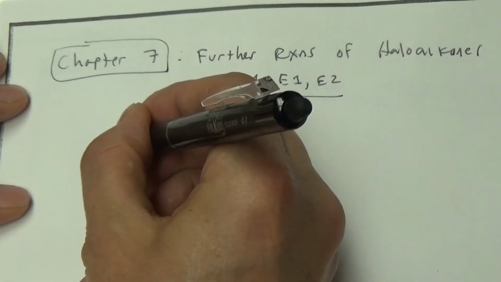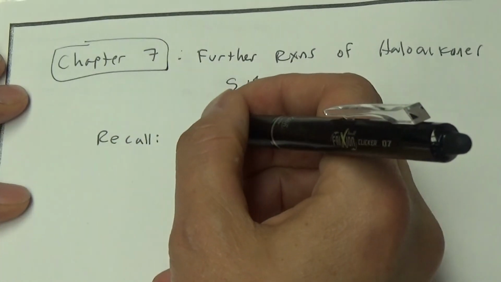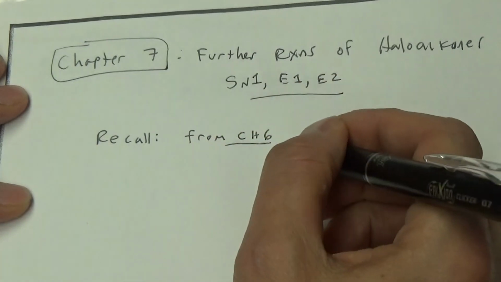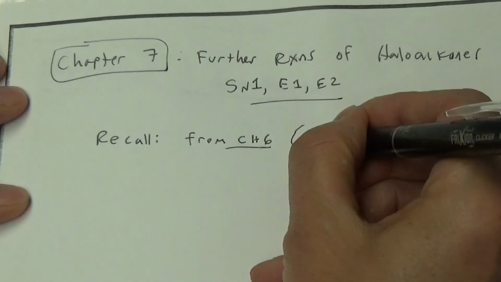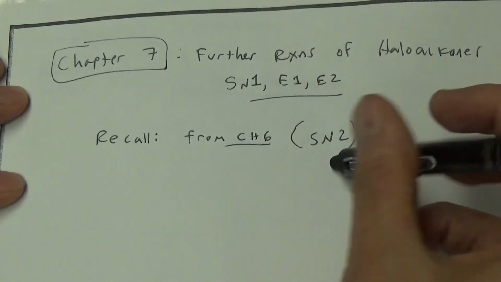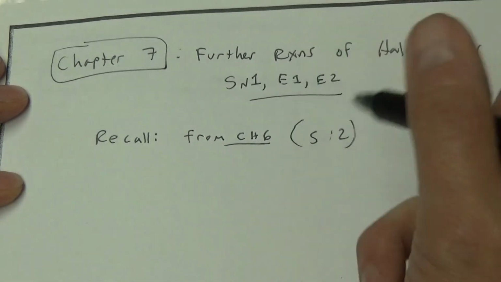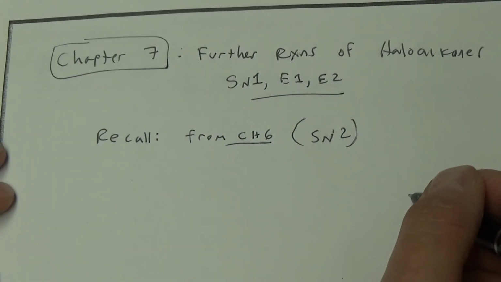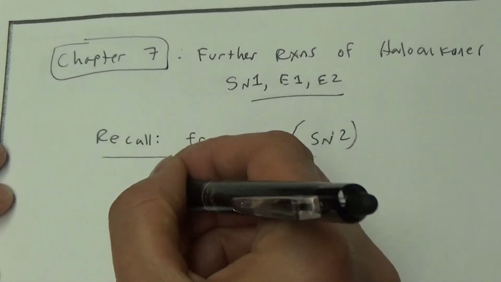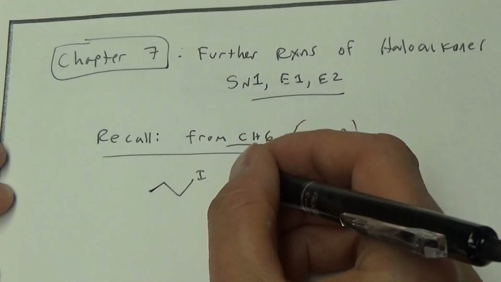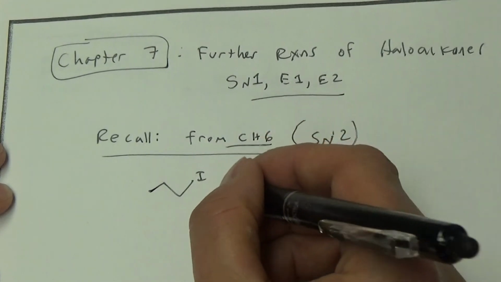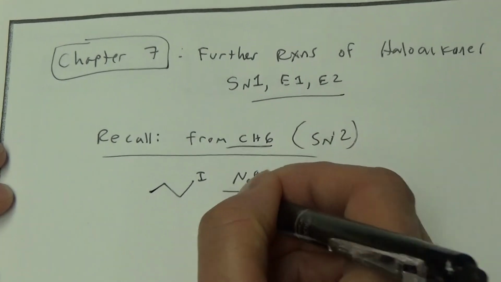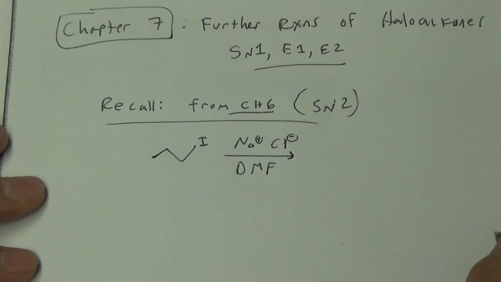So recall the main things from chapter 6 about the SN2 reaction. Usually put the N a little subscripted. We showed various examples like iodopropane with maybe Na+, Cl-, maybe DMF, or one of those good SN2 solvents.